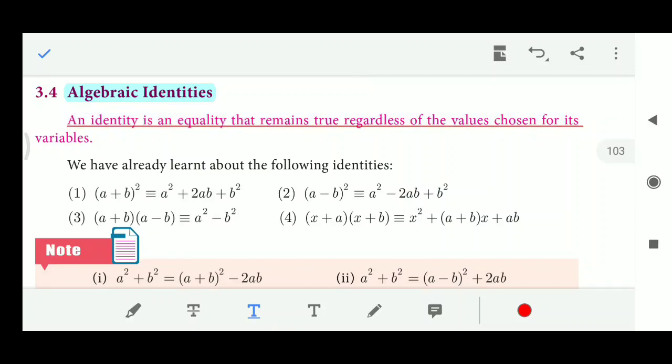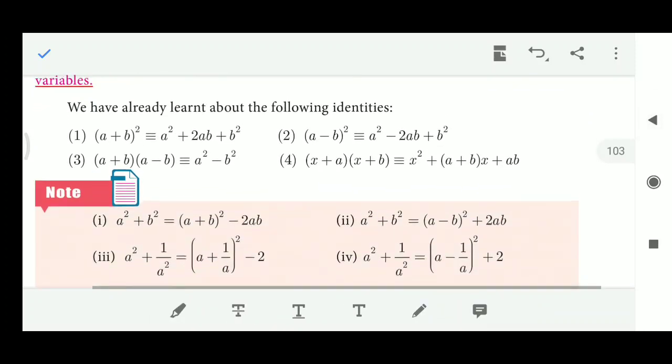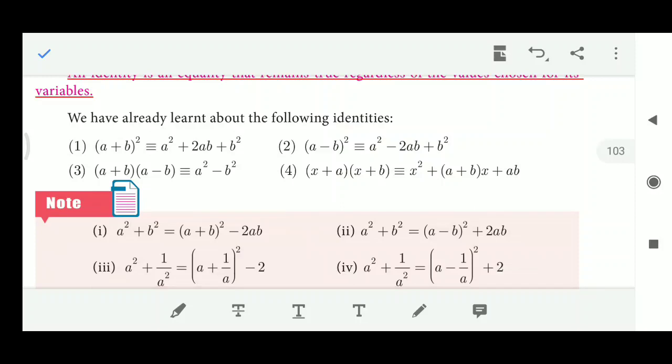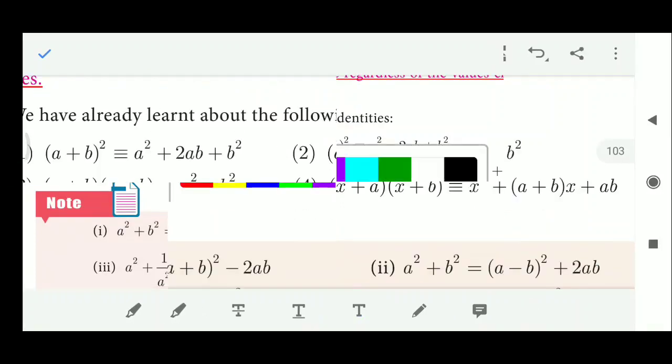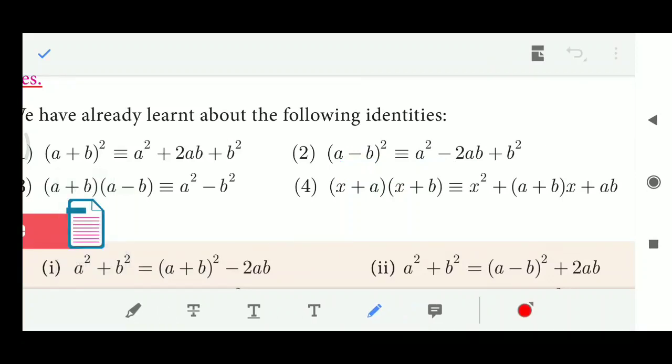An identity is an equality that remains true regardless of the value chosen for its variables. We have already learned these identities for two variables in class 8. They are: (a + b)² = a² + 2ab + b².